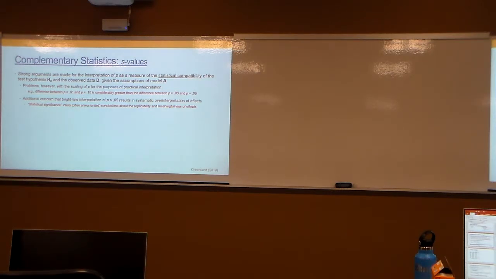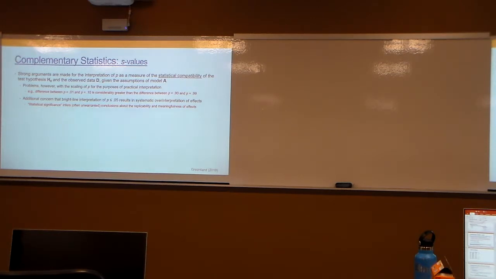Same type of thing, for those of you who take Tara's assessment course, right? To go from an IQ score of 100 to 105, that's sort of a trivial jump. If I go from 130 to 135, that's a much larger jump. Same type of thing with these p distributions, okay?